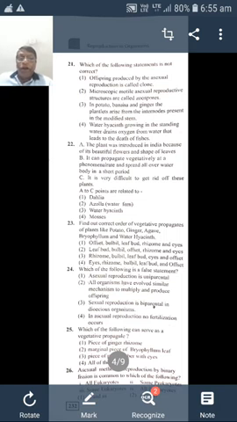Now we shall start the second part of the phase. Which of the following statement is correct? Offspring produced by the asexual reproduction is called clone. Microscopic motile asexual reproductive structures are called zoospores.